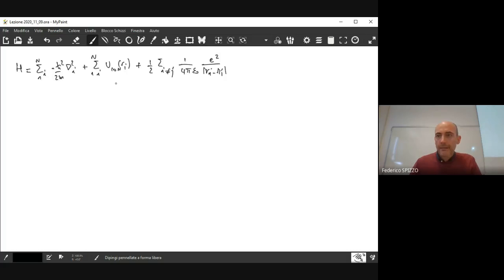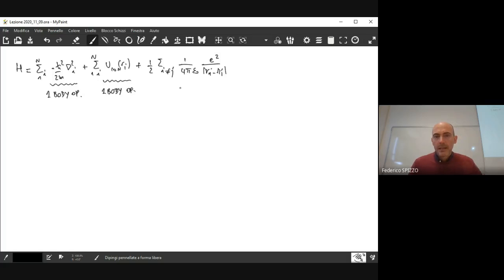So here we have the kinetic term and the potential term, the potential due to the interaction with the ions, which are operators that depend just on the coordinate of one electron. So we may consider this to be a one-body operator, and this is again a one-body operator, where one body means the action of the operator refers just to the coordinate of one electron.